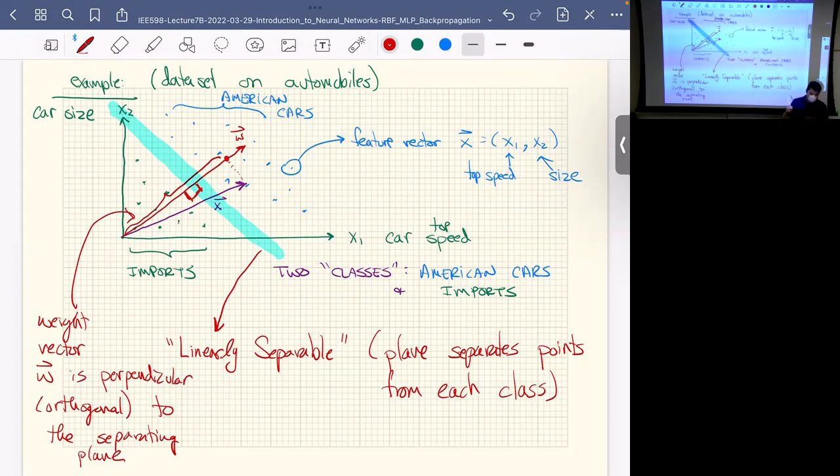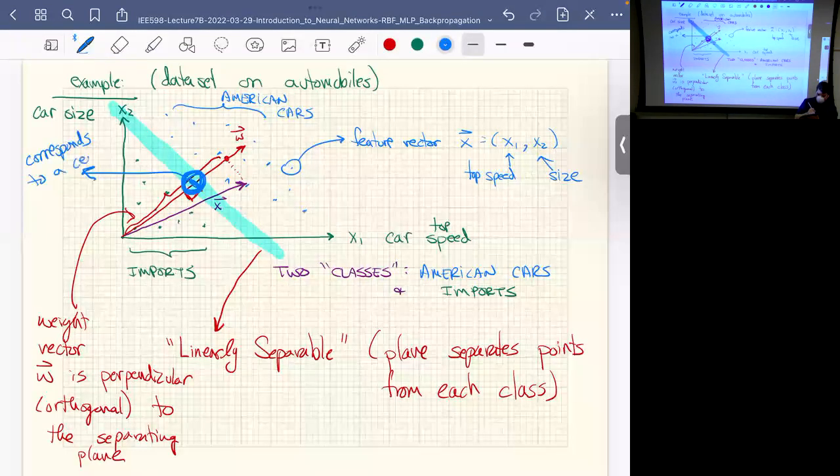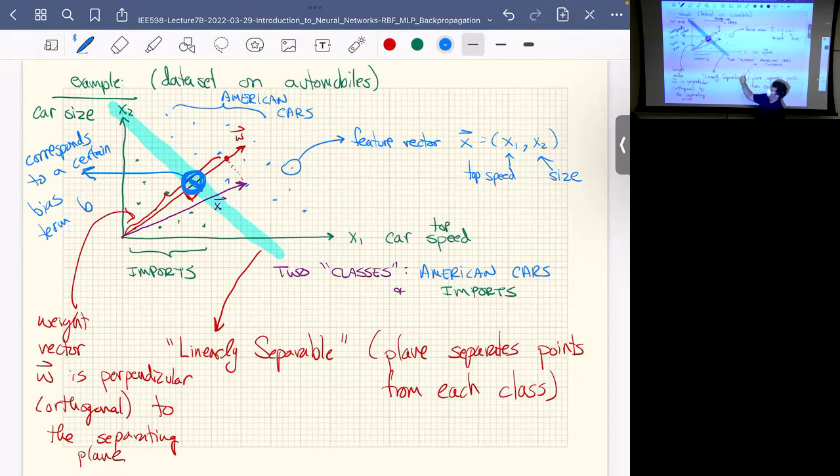So it's kind of like this point right here corresponds to a certain bias term B. So if I can get the angle right and choose the bias right, then I now have a mathematical way to separate this up so that points whose dot product is less than that bias term will be under the plane.